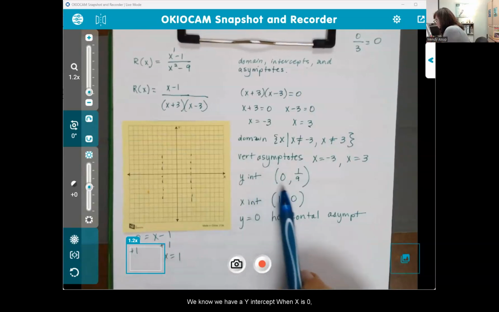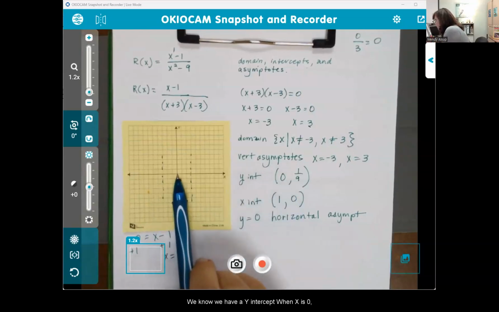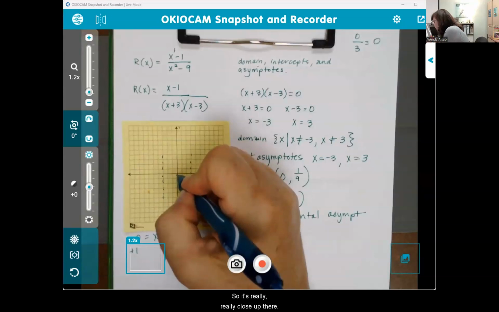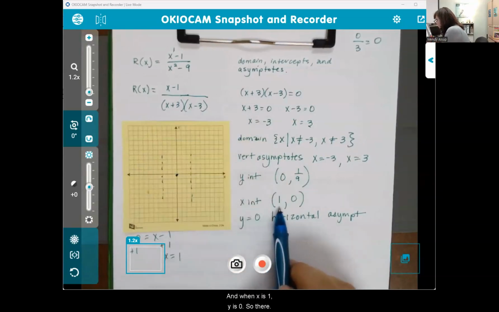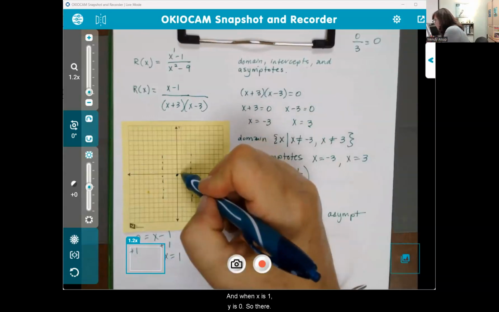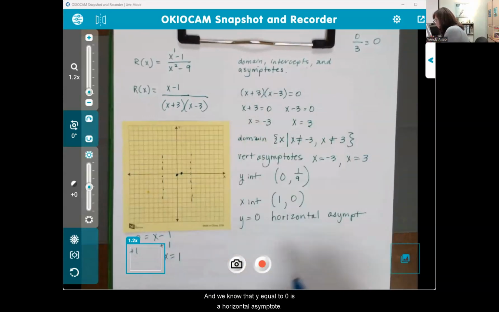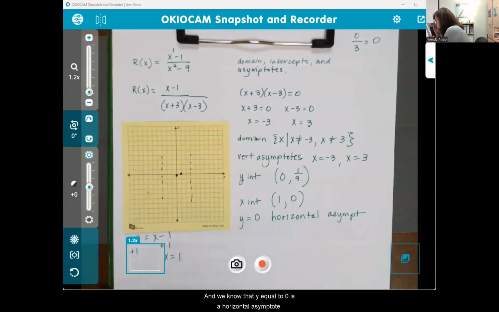We know we have a y-intercept. When x is 0, y is 1/9, so it's really close up there. And when x is 1, y is 0. And we know that y equal to 0 is a horizontal asymptote.